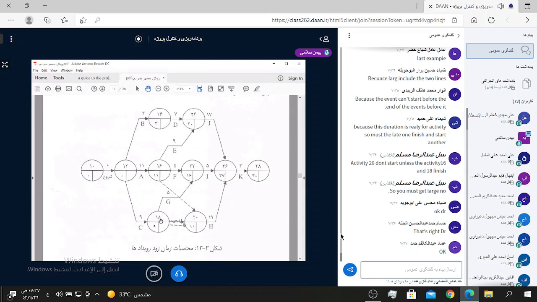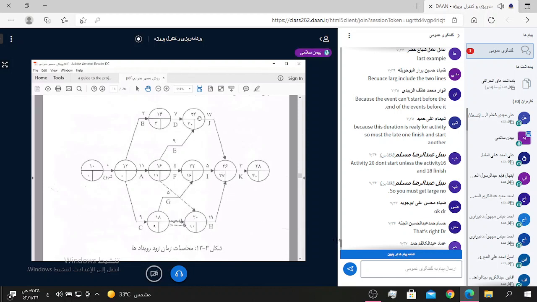And for node 18, 9 plus 5 equals 14. 14 is smaller than 16, so ES for node 22 is 16. Yes.